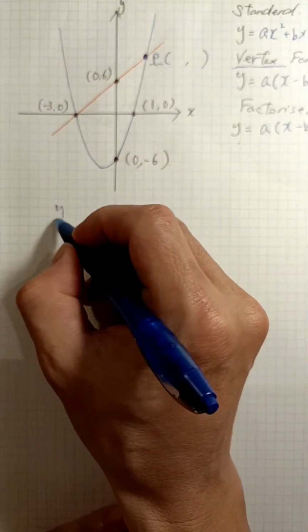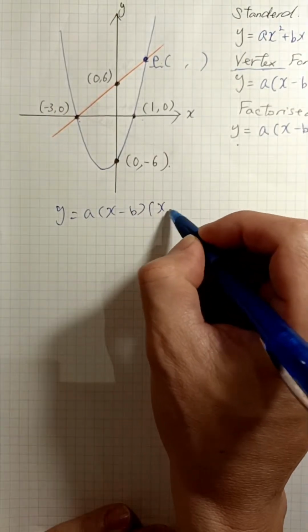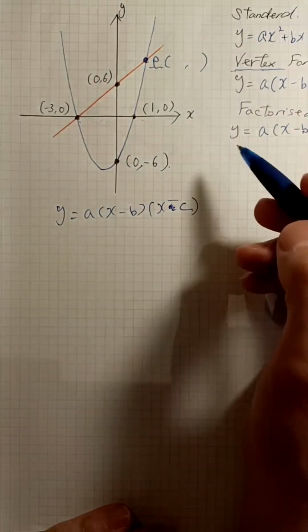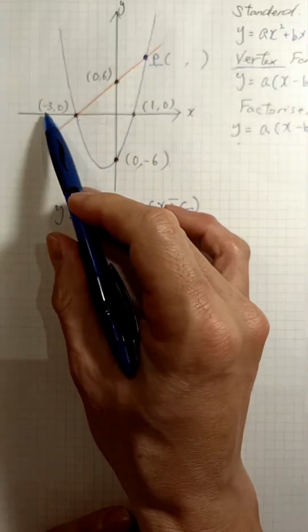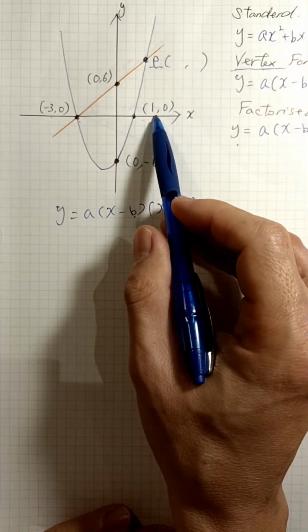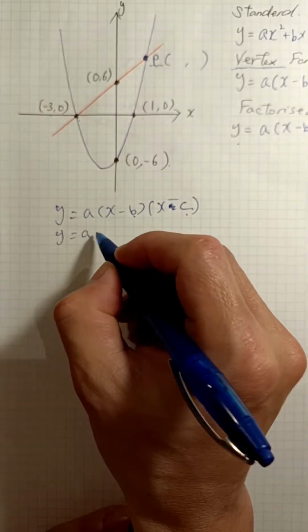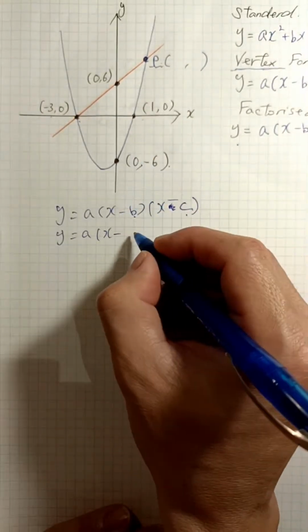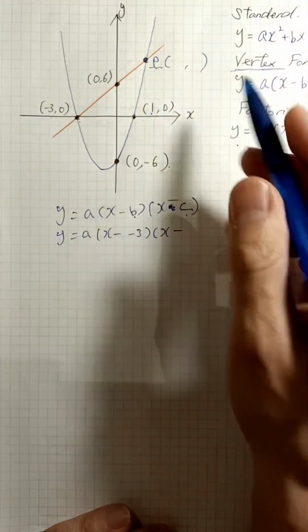So y equal a bracket x minus b, x minus c, where b and c are the numbers which fit here and here. Then you just simply plug in -3 instead of b, and 1 instead of c.